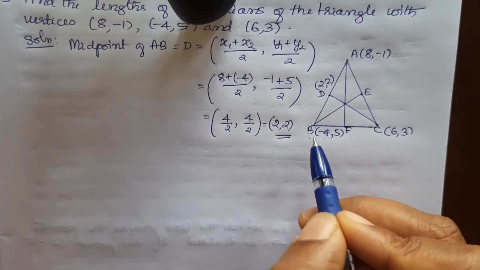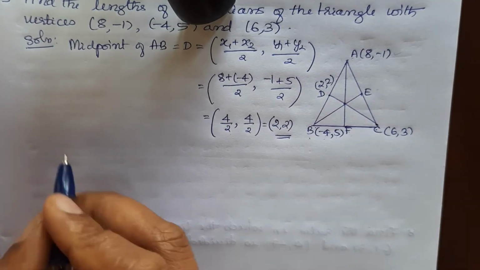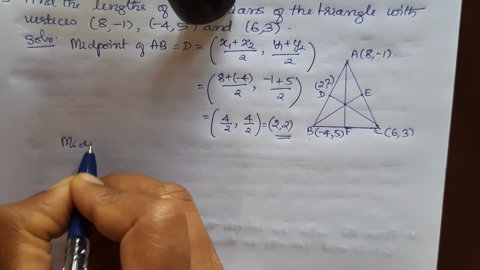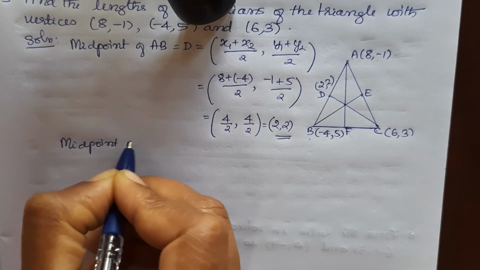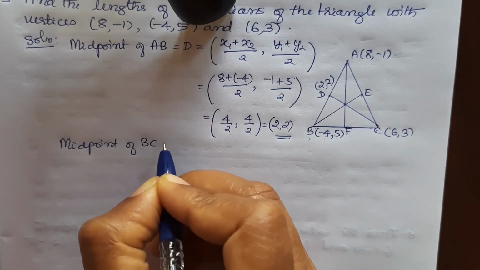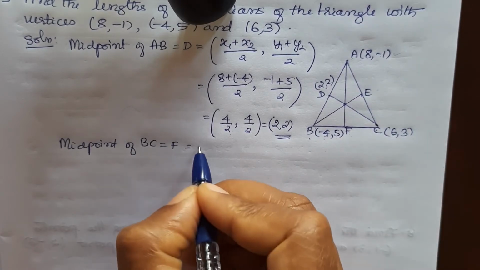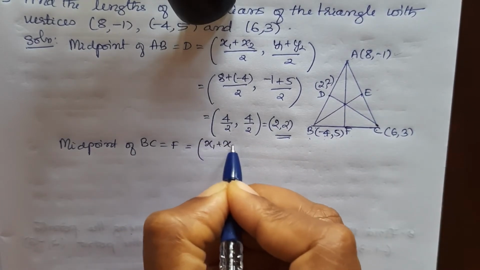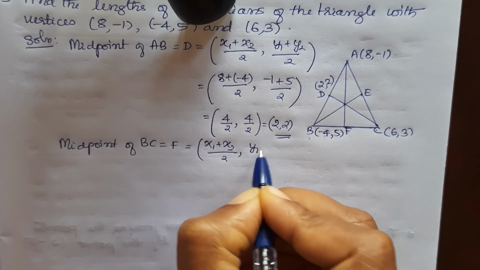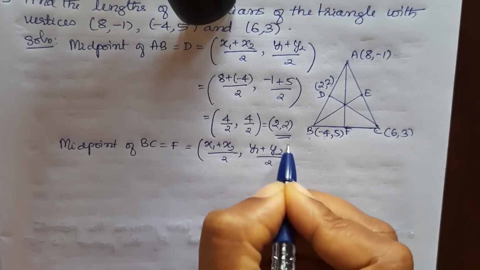Similarly, we will find the midpoint of BC, which is F. Midpoint of BC is F, (x1 plus x2) divided by 2, comma (y1 plus y2) divided by 2.